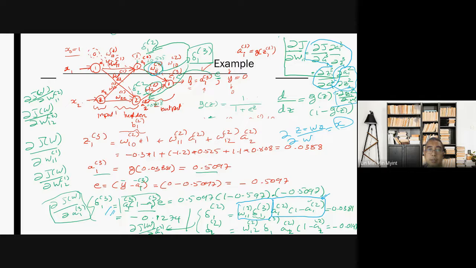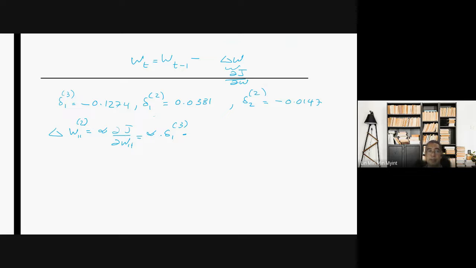That means we already calculated this error, multiplying with the alpha, and then multiply with input A12, because let me write that, repeat it.